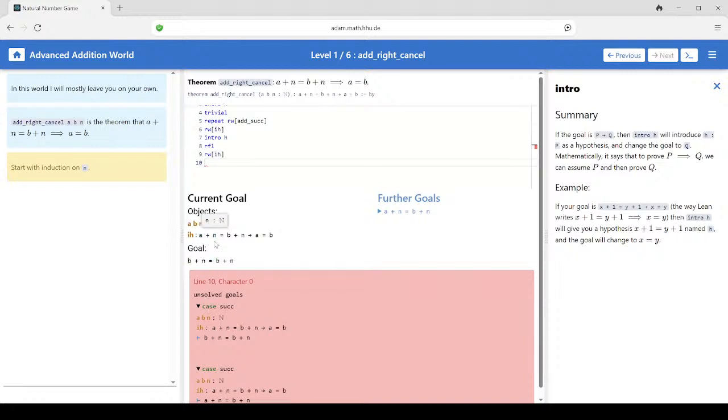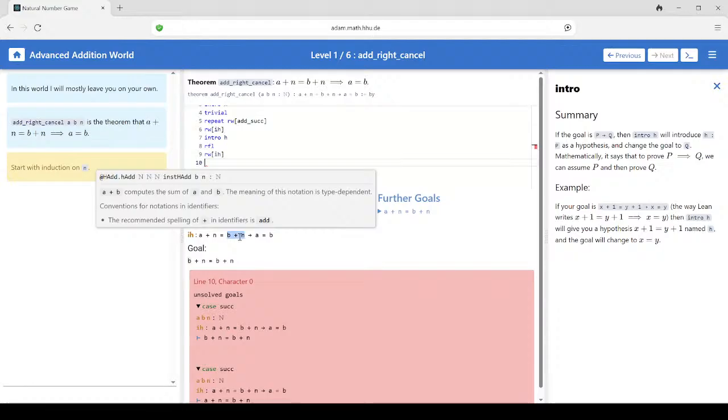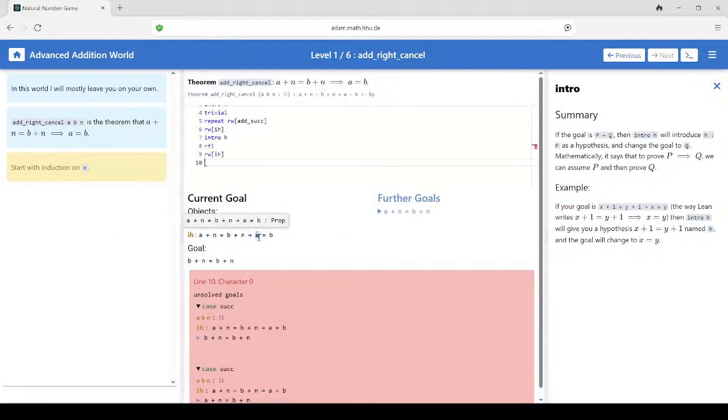A plus n equals b plus n implies that a equals b.